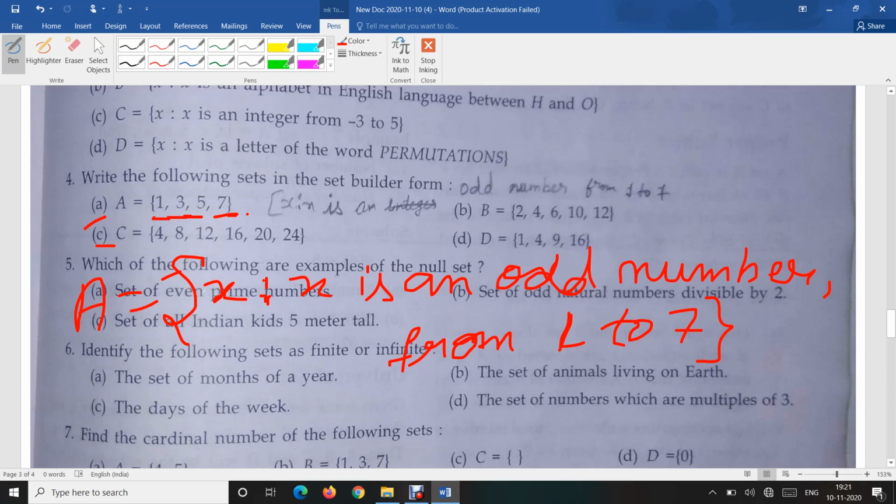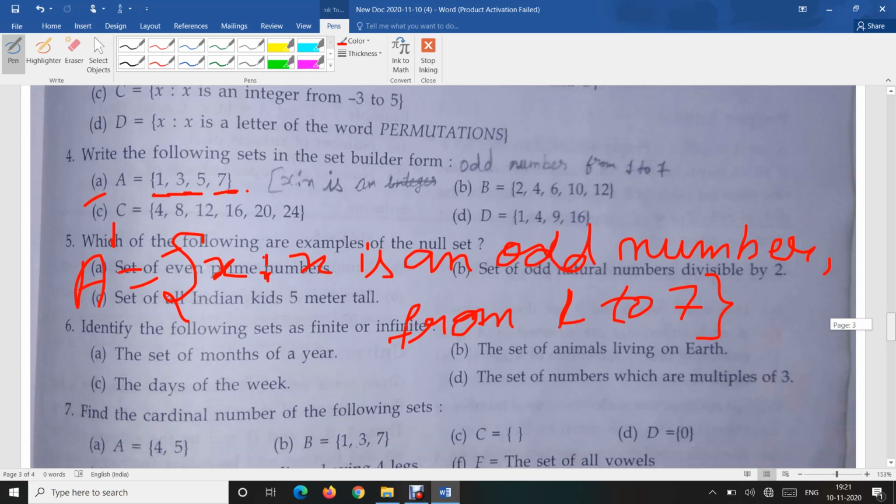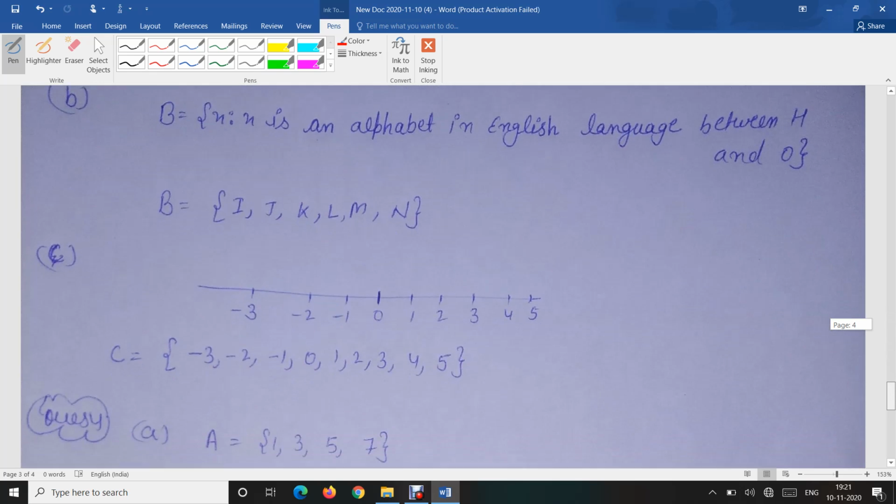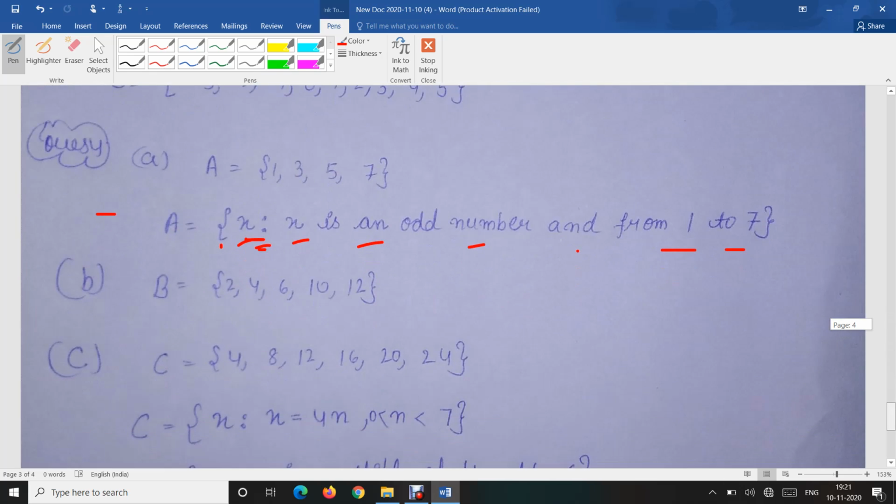C part is C is equal to 4 8 12 16 20 and 24. See how we can write it. There is one thing you noticed here: 4 1s are 4, 4 2s are 8, 4 3s are 12, 4 4s are 16, 4 5s are 20 and 4 6s are 24.